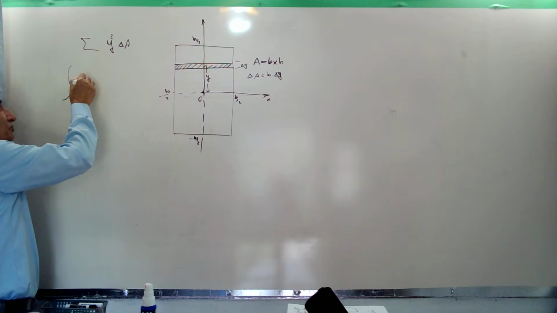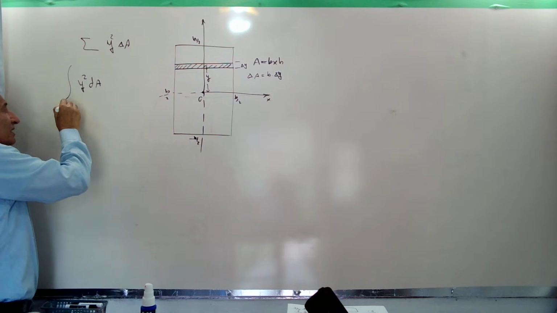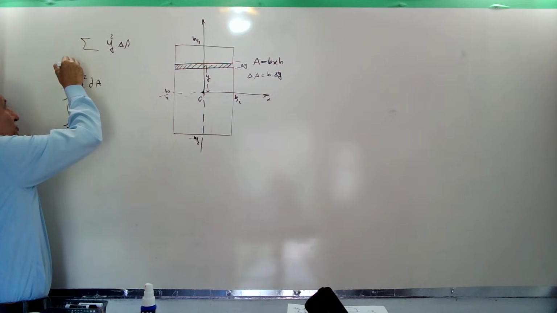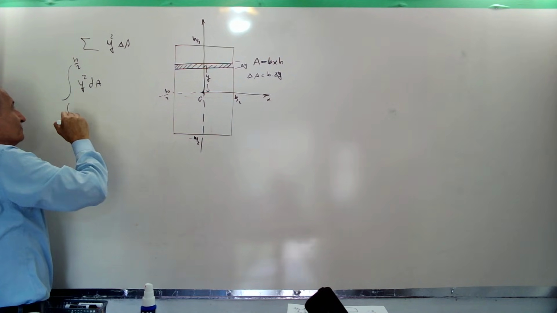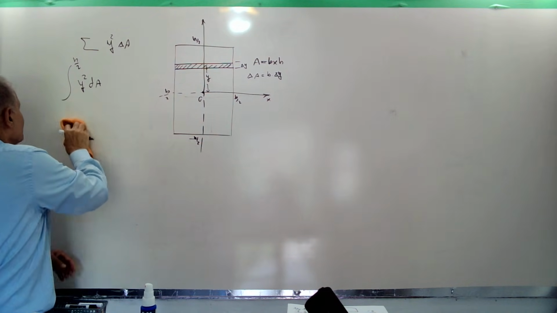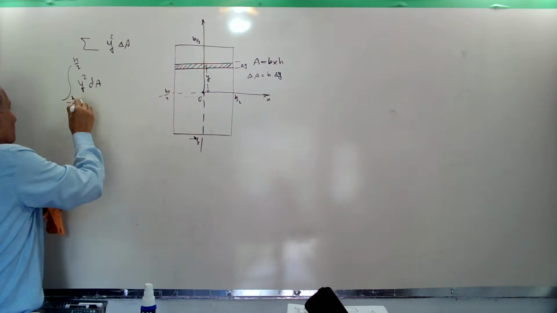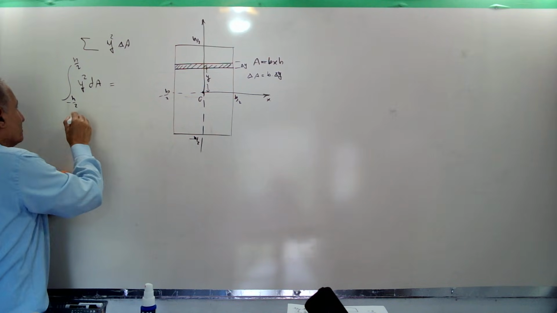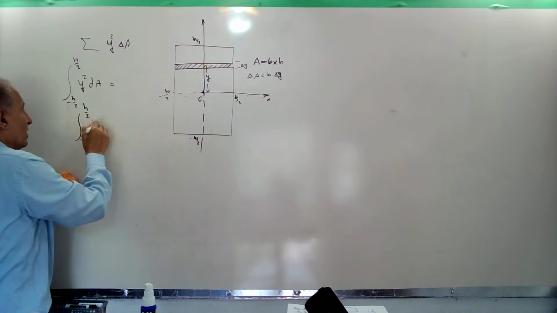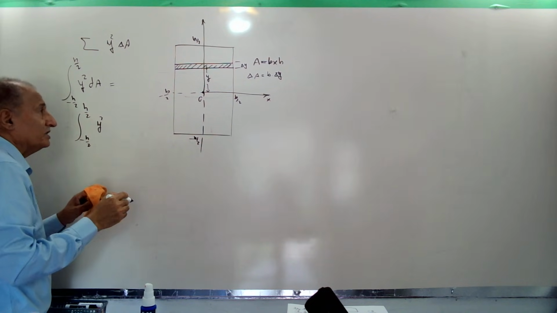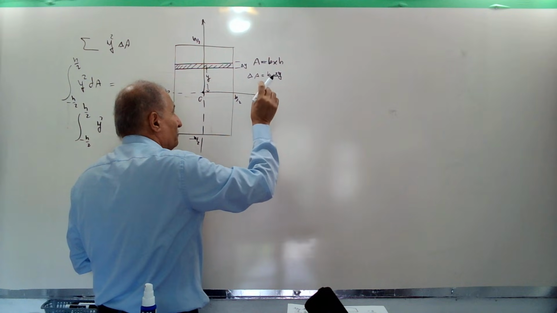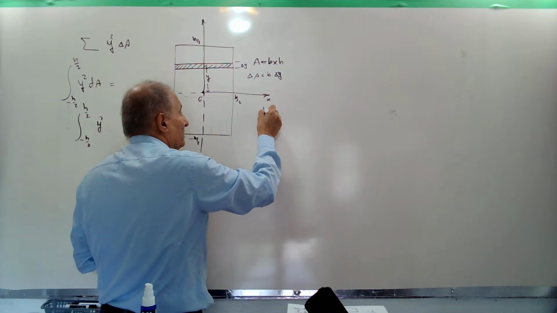Then we have the integral of y squared dA, taken from minus h over 2 to h over 2. The area, when delta y approaches very, very small, we call it dy.